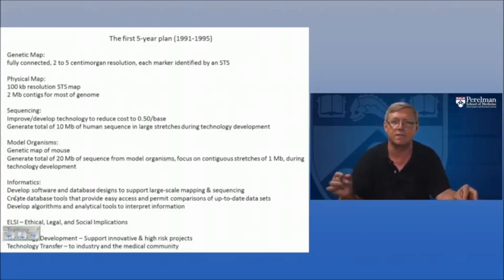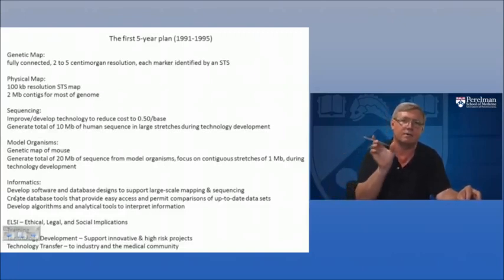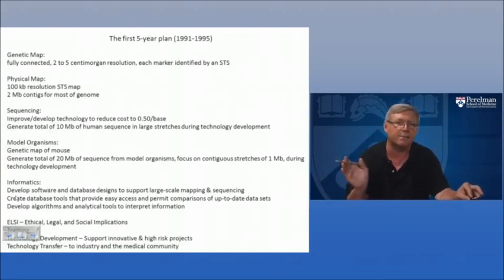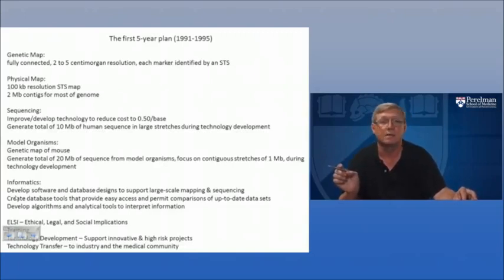The idea was to get fully connected linkage maps of the human genome, and fully connected physical maps in the sense that you would have a clone-based physical map with markers at least 100 kilobases apart or closer. This was a size that would permit overlapping contigs of yeast artificial chromosome clones all the way along a chromosome.